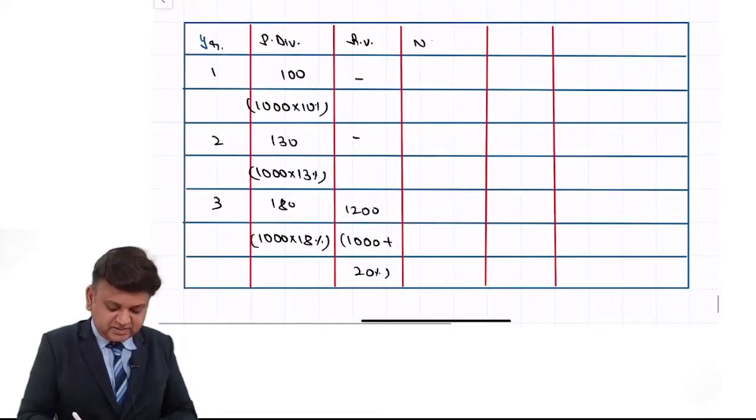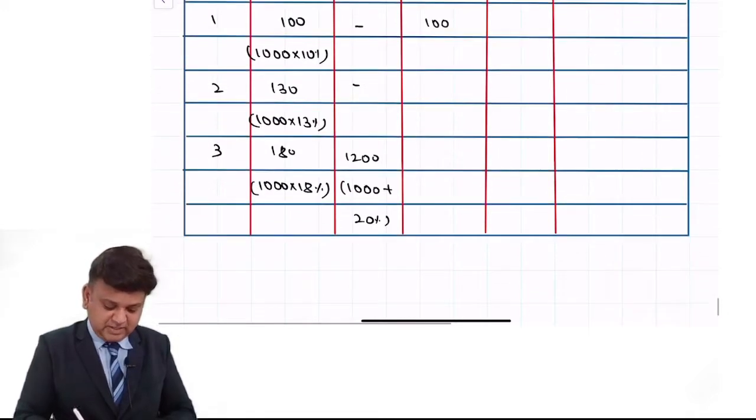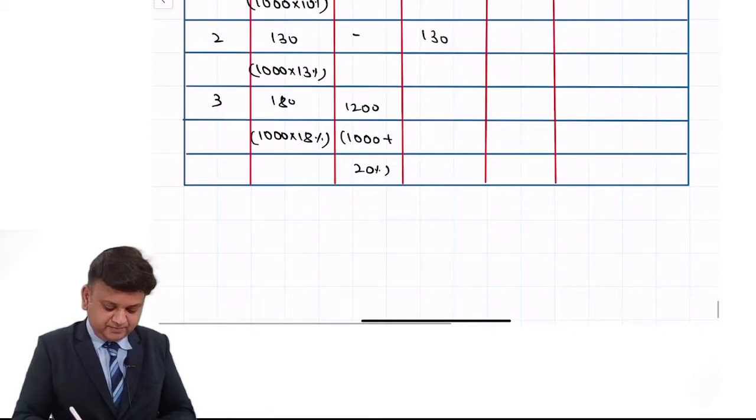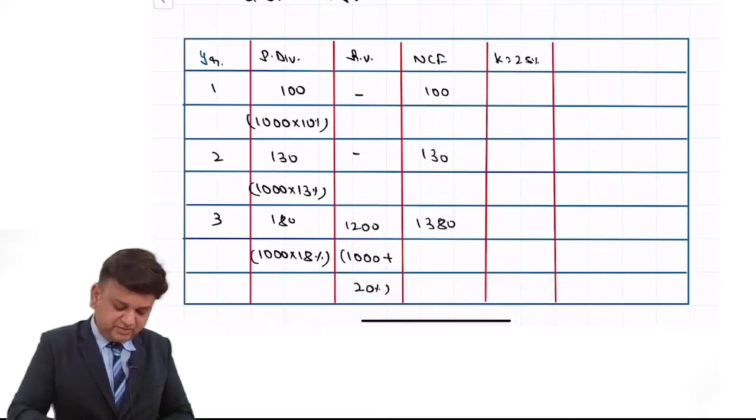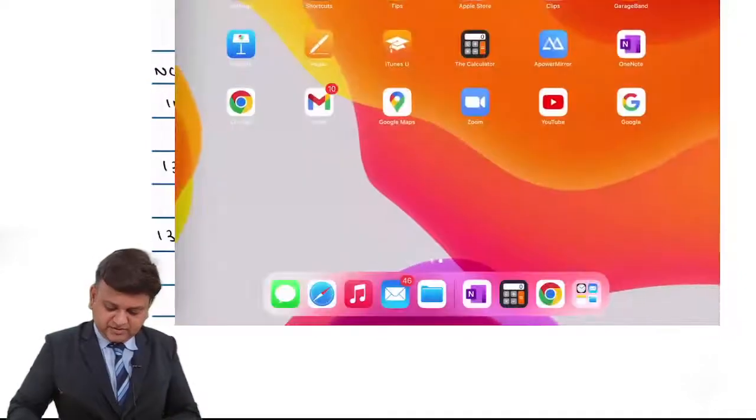Then we understand that this is the net cash flow. First year income is 100, second year it is 130, last year it is 1380. It will be discounted at 25 percentage, and based on that we will make the calculation of the present value of the cash inflow.